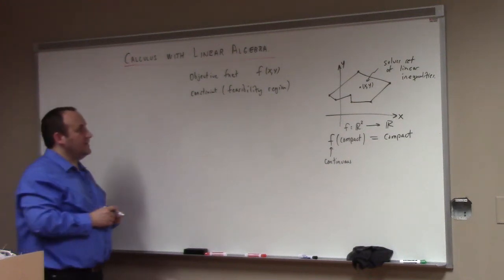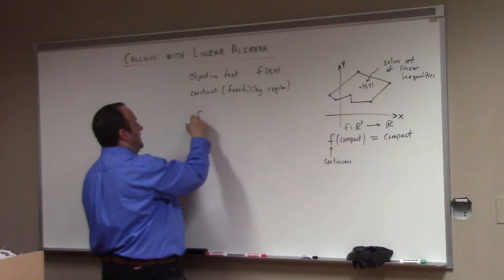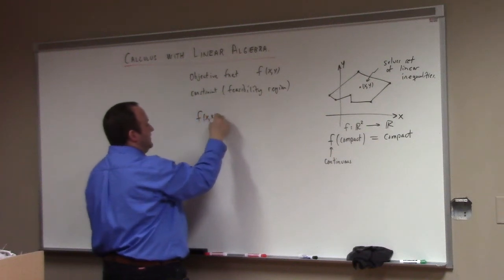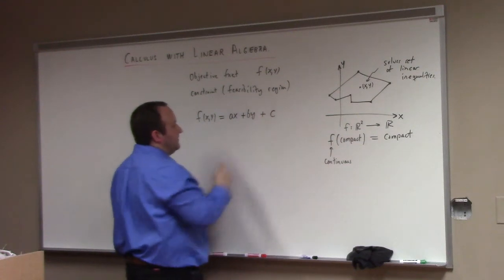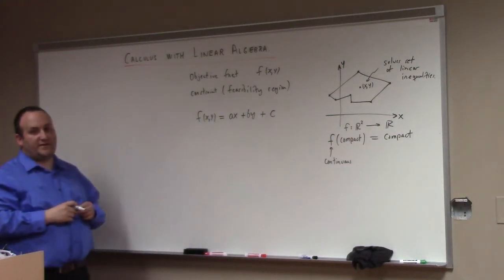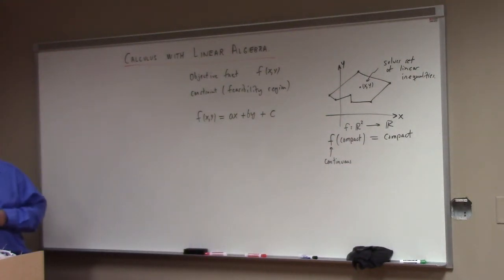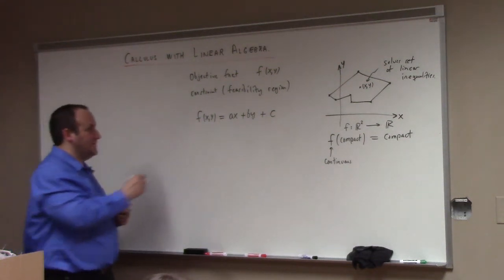Anyway, the objective function here, I haven't told you yet, has the form ax plus by plus c. This objective function comes from something like setting inventory at a store. It's some sort of linear combination of variables. A, B, C are constants. What's the gradient of f?